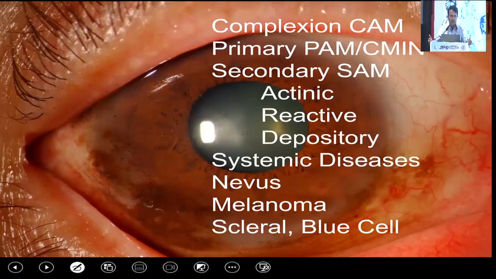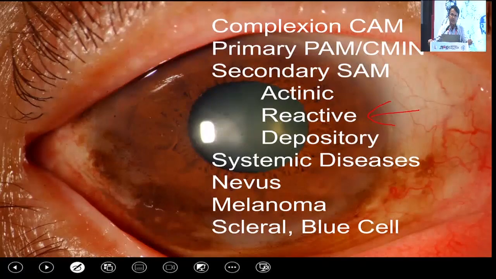Secondary acquired melanosis is called SAM, which could be actinic. That means you get yourself exposed to sunlight, you are an outdoor person, and you have conjunctival pigmentation. Or you are a farmer, you spend a lot of time outdoors, you get conjunctival pigmentation. That is actinic. Reactive: a child has vernal keratoconjunctivitis and has conjunctival pigmentation, that's reactive. Use a lot of anti-glaucoma medications or medications which have a lot of preservatives, you have reactive pigmentation.